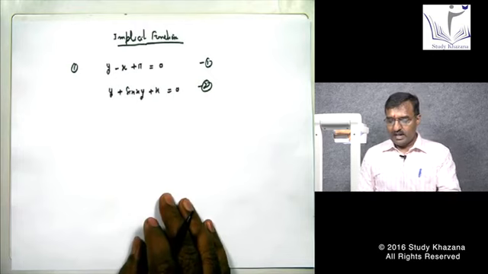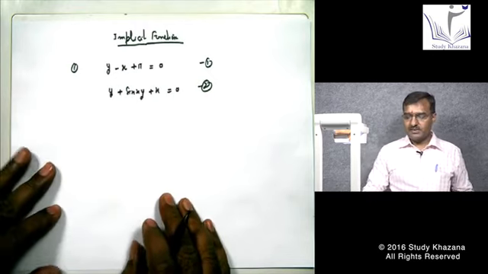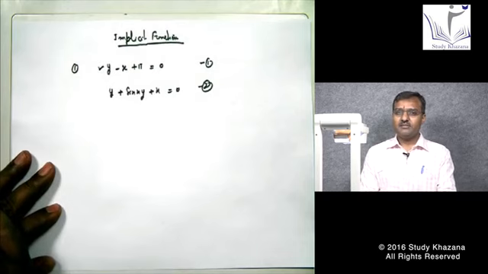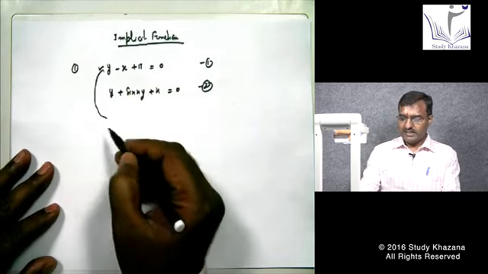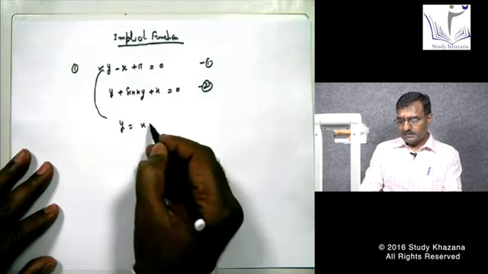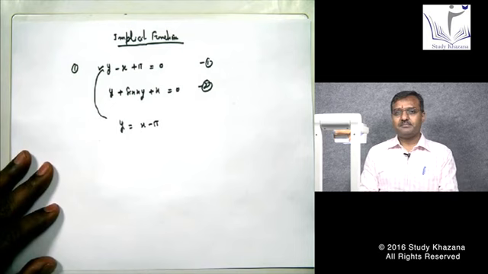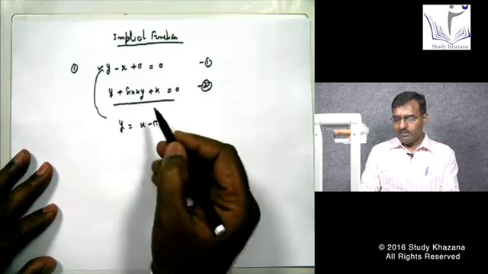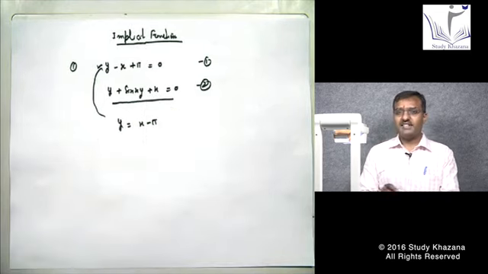Now in these two examples you can see the first function in which you can easily find the value of y. Instead of this, you can also write y equal to x minus 5. But in the second, if I want to find the value of y or separate it, it is not possible.